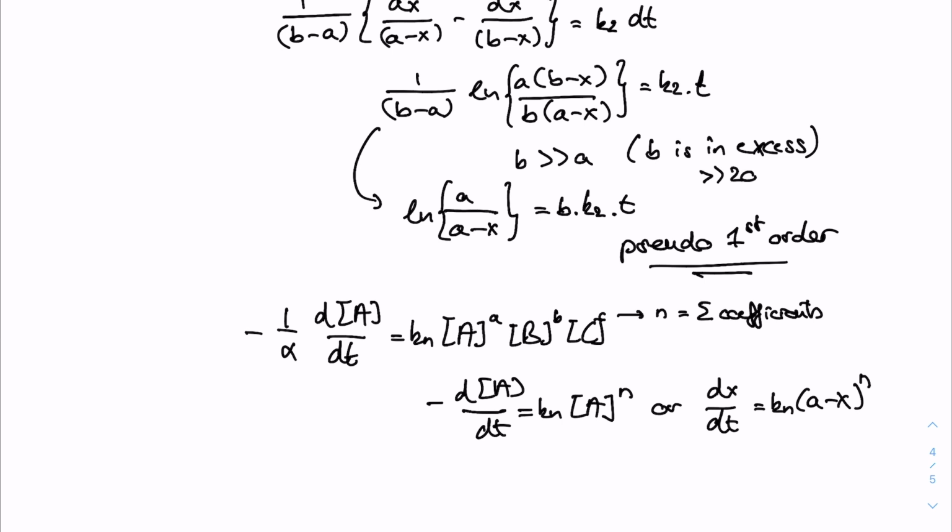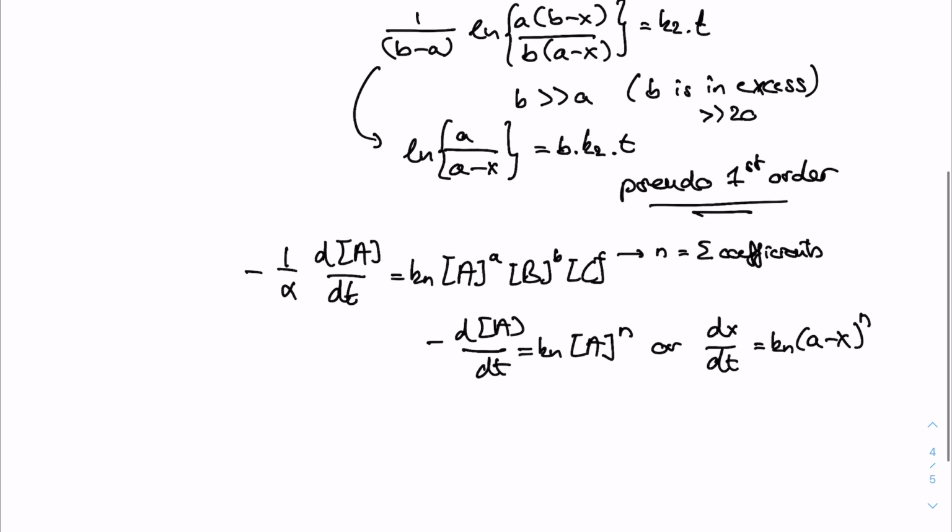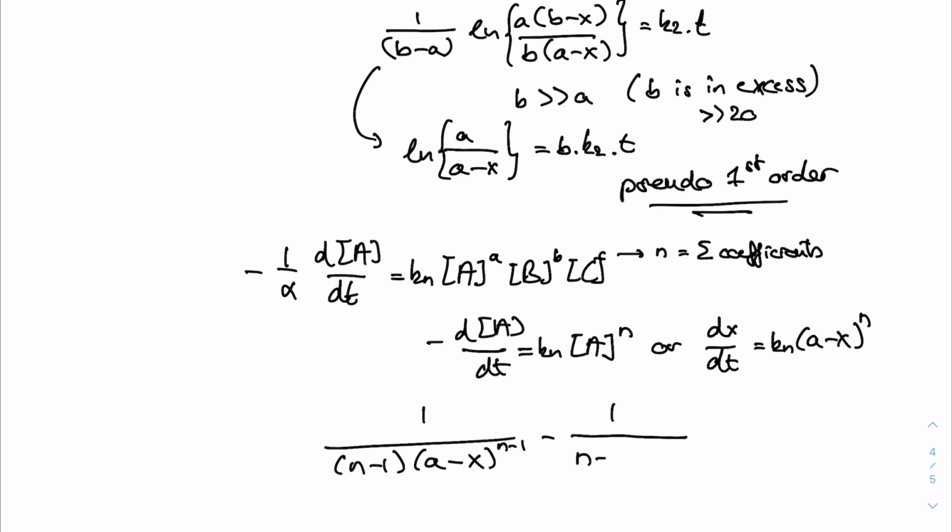Okay, so if n is not 1, we can arrive at a general integrated equation. We're not going to derive all of this, but I'm just going to give it: 1 over n minus 1 times [1 over (A minus X)^(n-1) minus 1 over A^(n-1)] equals kn times t.